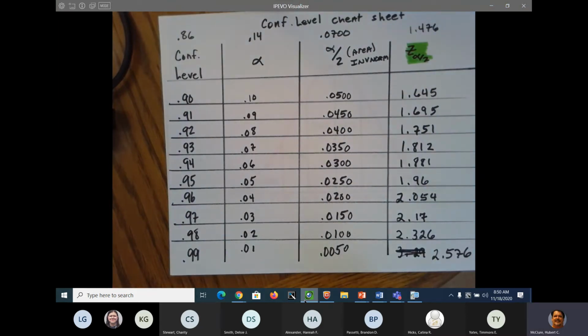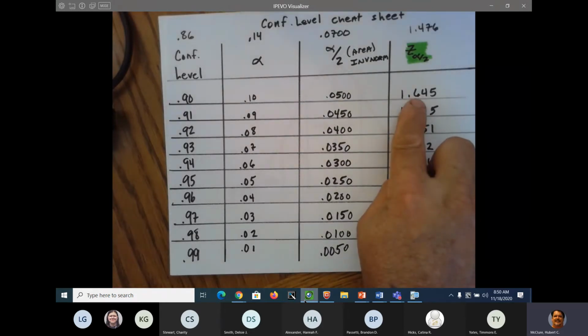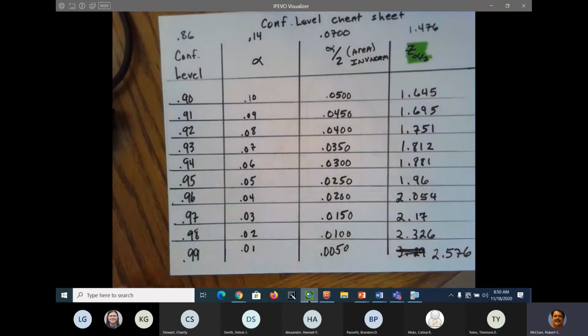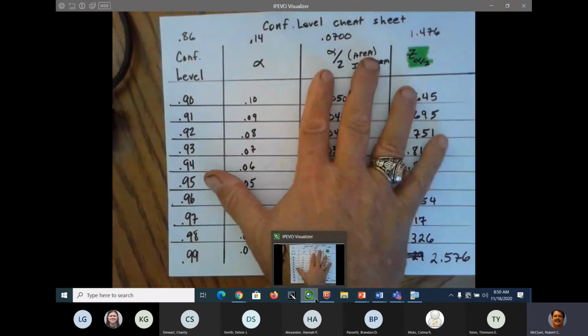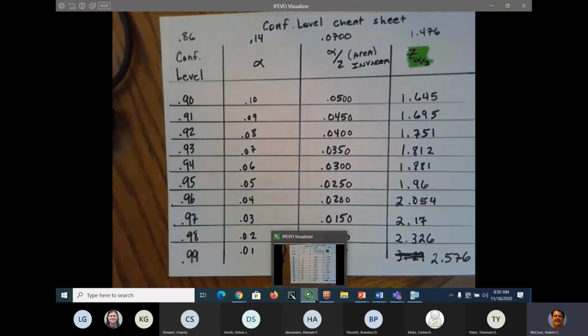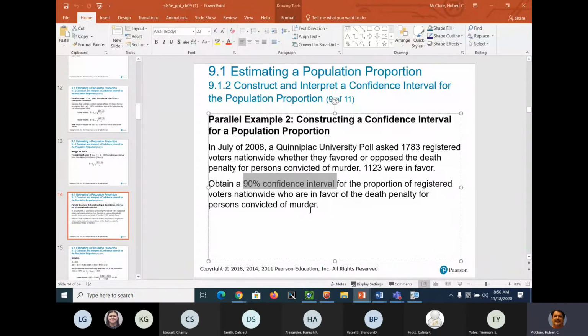Okay? So we're going to be using a z-score of 1.645 in this calculation. And if I can take that part out of your calculation, the looking for and trying to find these z-scores, it will make life easier for you. You're welcome. So for the 90% confidence level, we're going to use that z-score of 1.645.